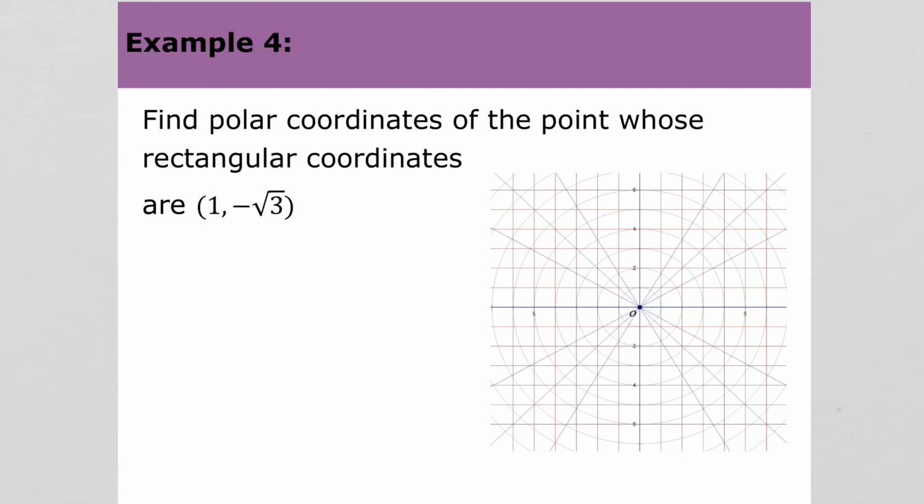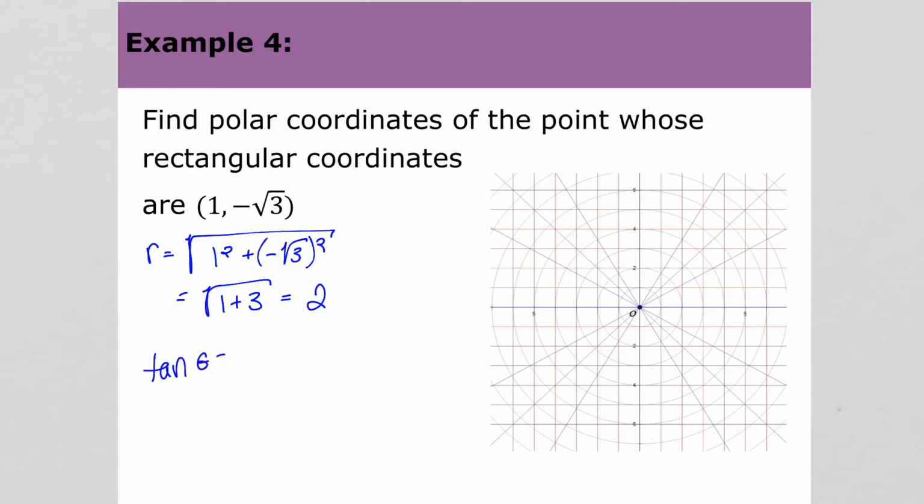So for example 4, if we want to find r, we need the square root of x squared plus y squared. That's the square root of 1 plus 3, or the square root of 4, which is 2. Then theta will be y over x.